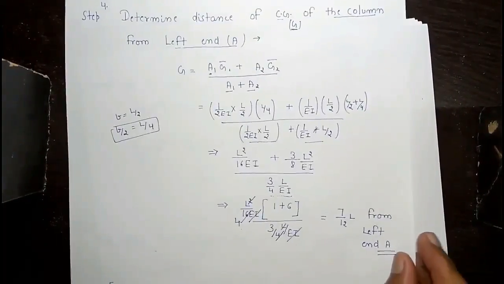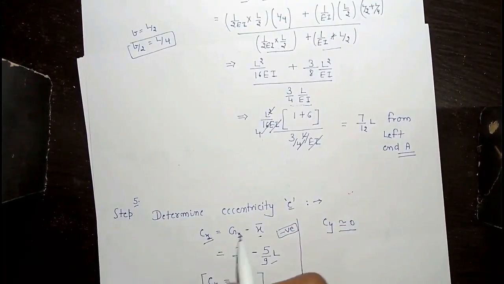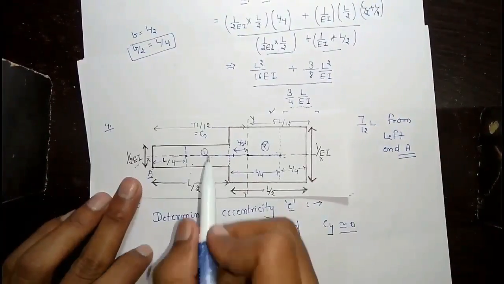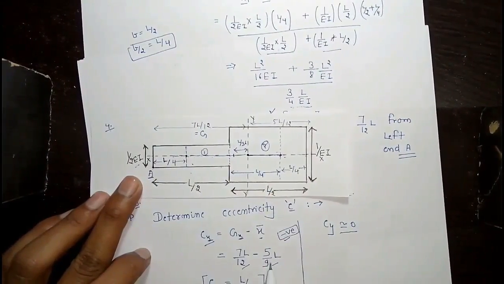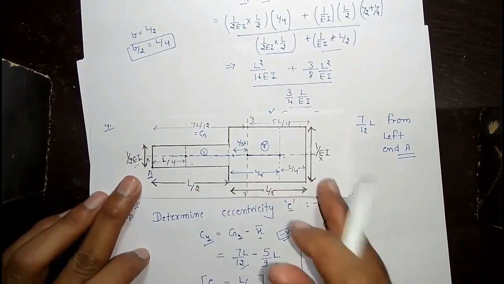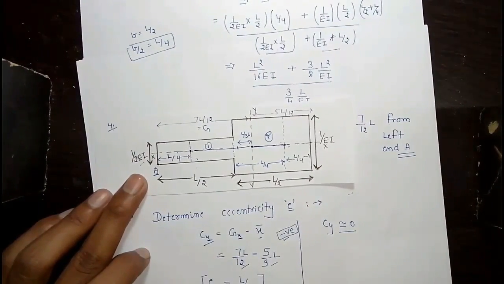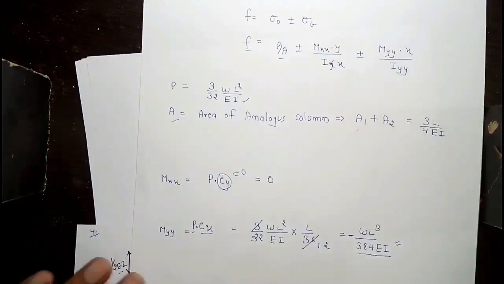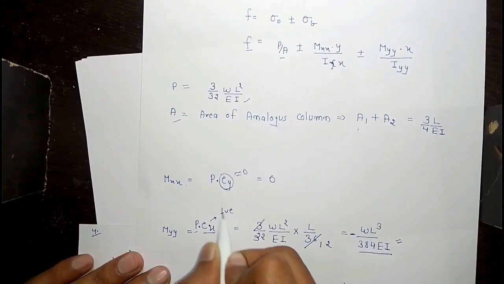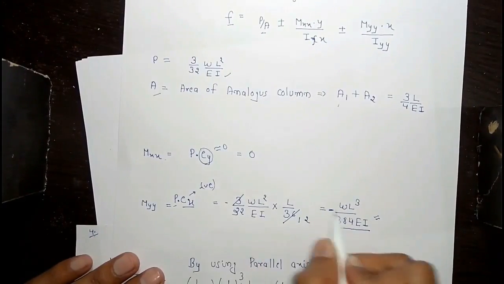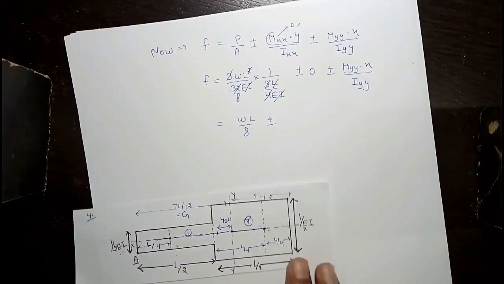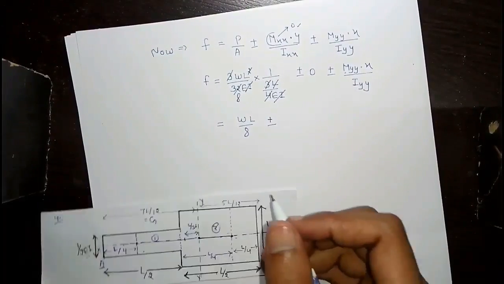Because the eccentricity in the x direction is negative, since it is to the left direction, so it will be negative. Now Ex is negative, so My will be negative and equal to WL cube divided by 384 EI.